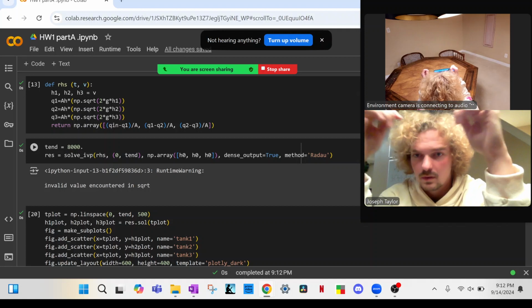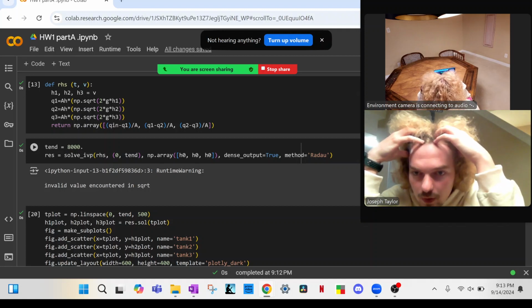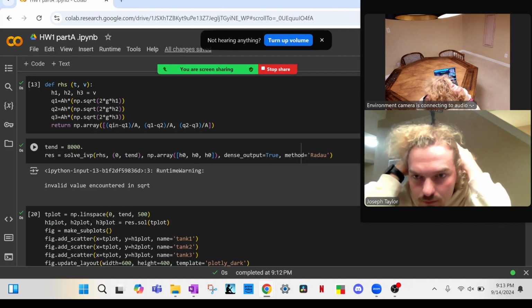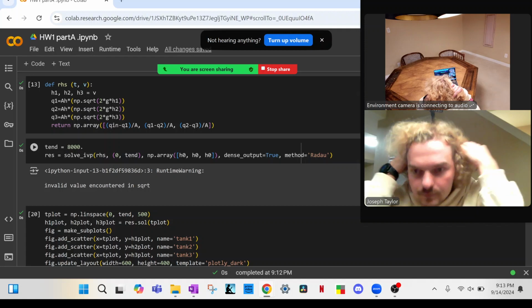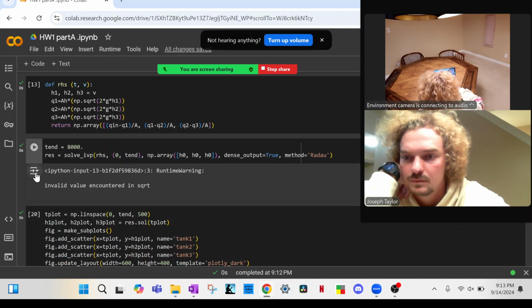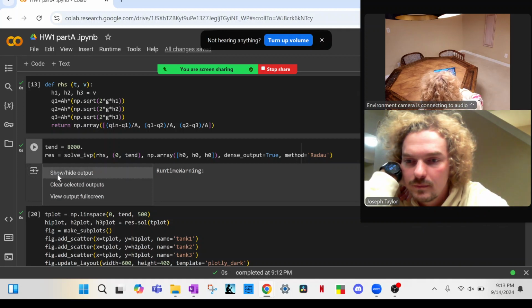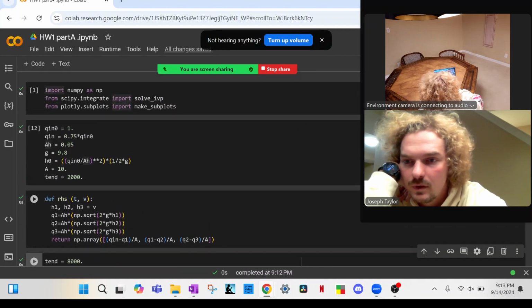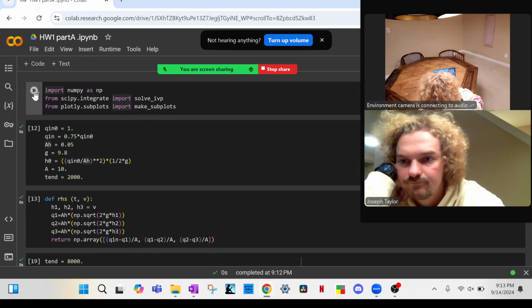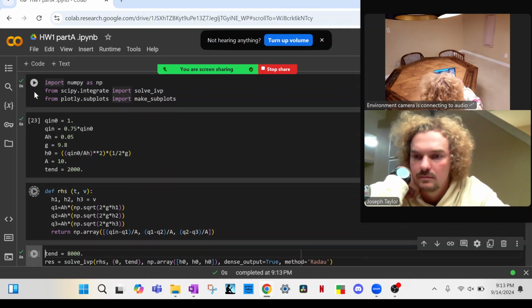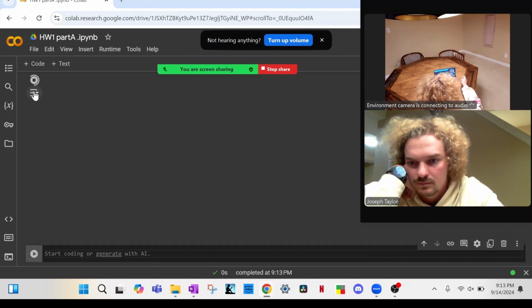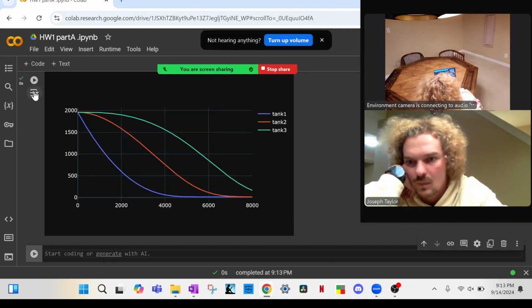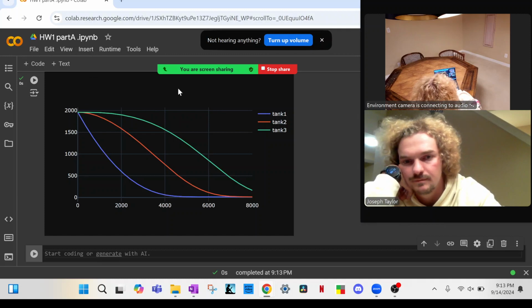Invalid value in square root. Where? Did I do something wrong? This side should not be this high.